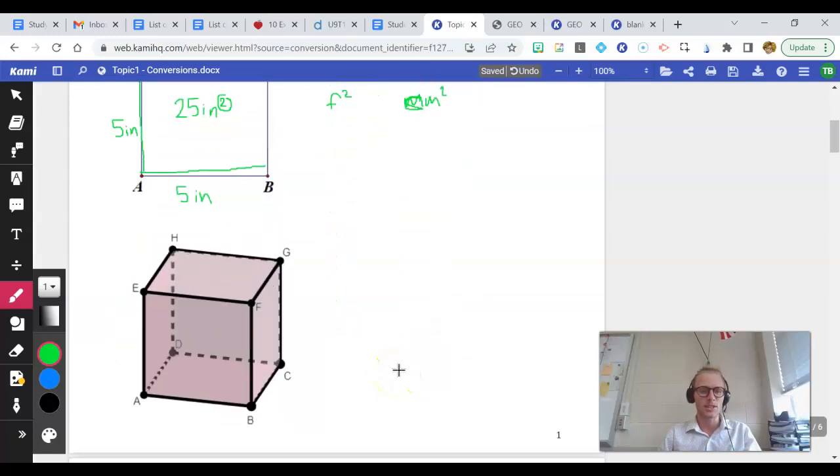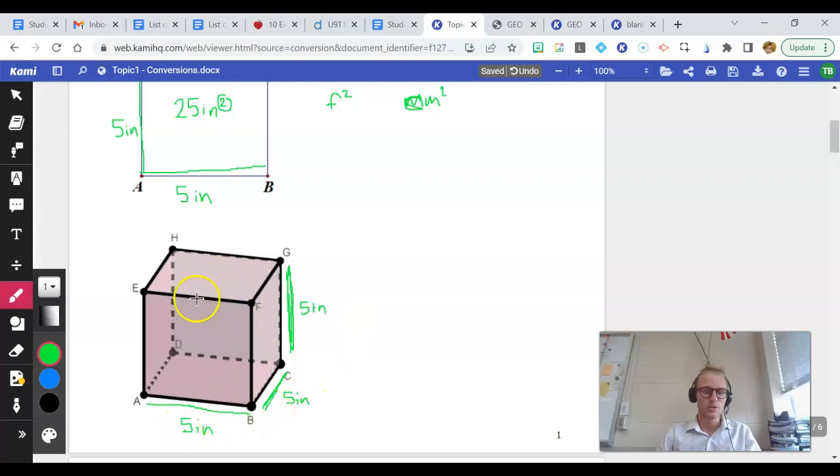And now, obviously, the third dimension. The third dimension is what we all know and love. We have a length, a width, and a height. 3 different dimensions. And again, if we were to throw some numbers on here, let's say this is 5 inches, this is 5 inches, and this is 5 inches as well.